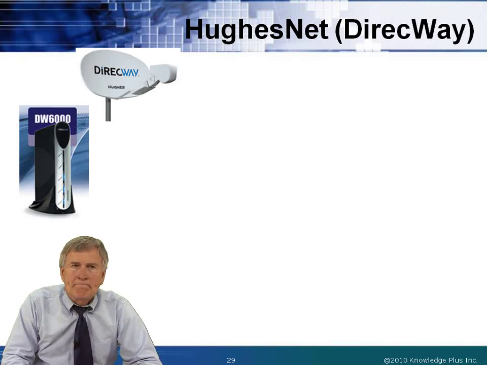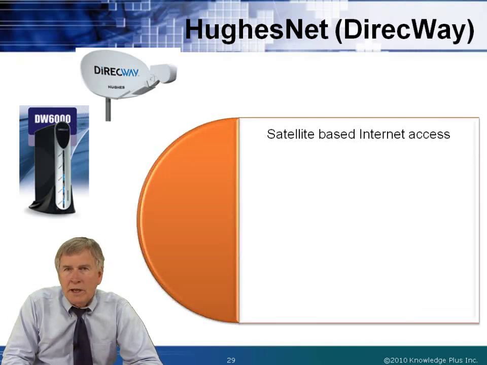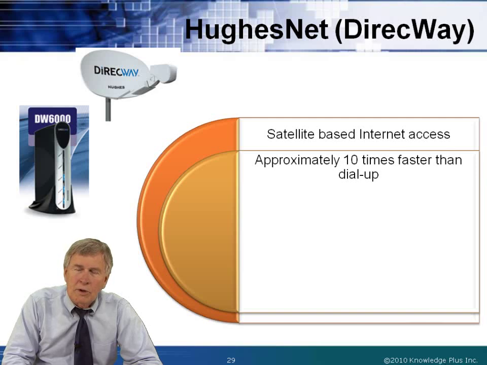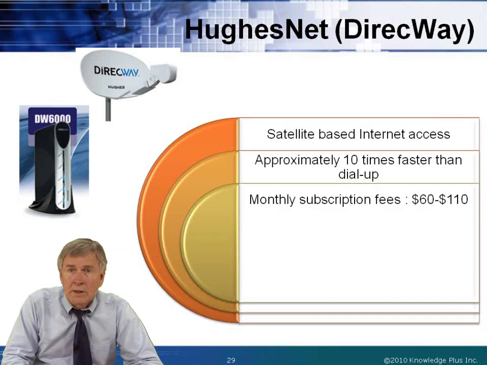So, here's a service provider, HughesNet or DirectWay, satellite-based internet access. It's about 10 times faster than dial-up. Now, this is important because if you can get DSL or other wired services like cable access, then the speed here is still much, much, much lower than what these wired services would give you. But it's faster than a wired dial-up, assuming that you can only get around 40 or 50 kilobit per second on dial-up.